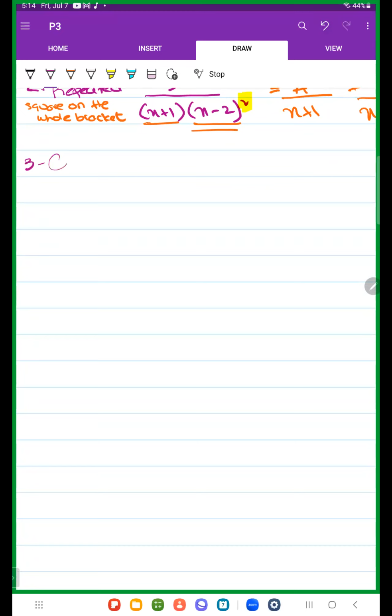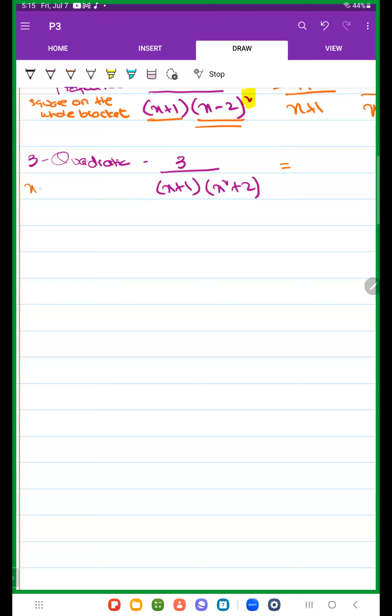Now there is a third type they can give you, which is the quadratic form. Quadratic form is where there is a square on x. x has a power of 2.